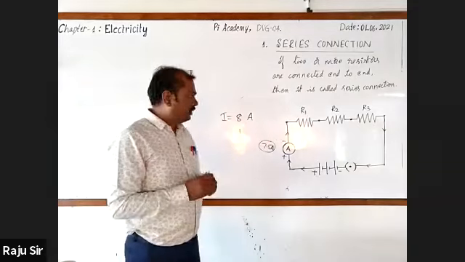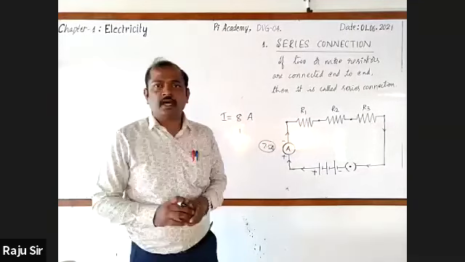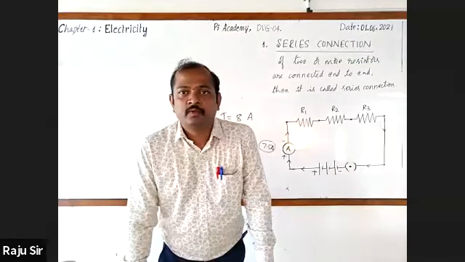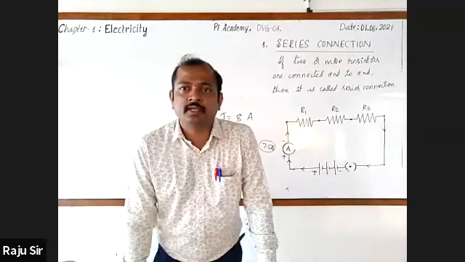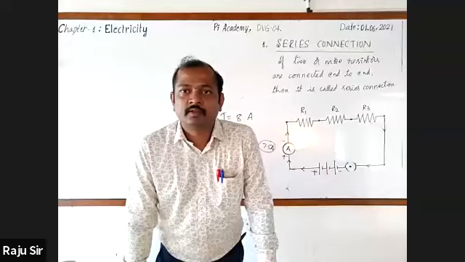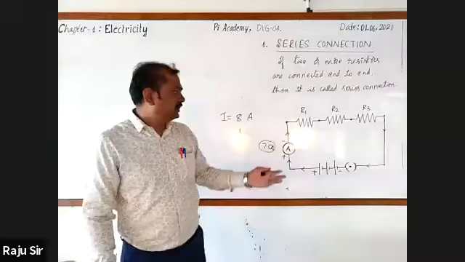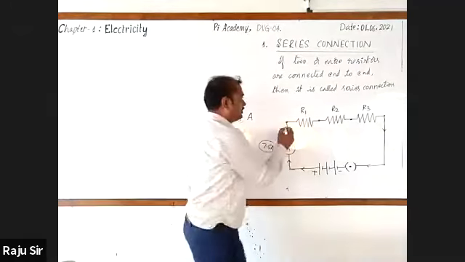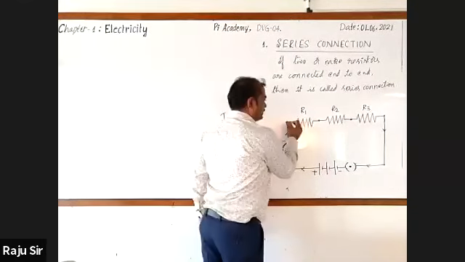Next, earlier one student asked, sir, can we connect a voltmeter? For what purpose should a voltmeter be connected? To know the potential difference. But how can you connect it? Here I'll mark the points for your reference.